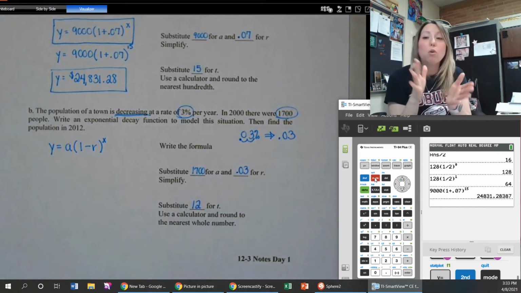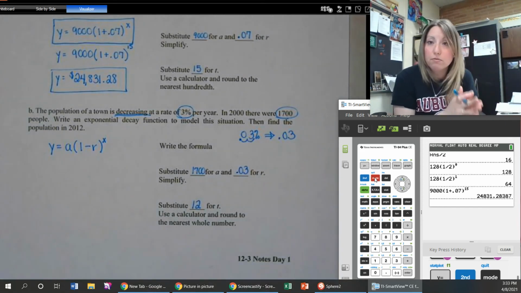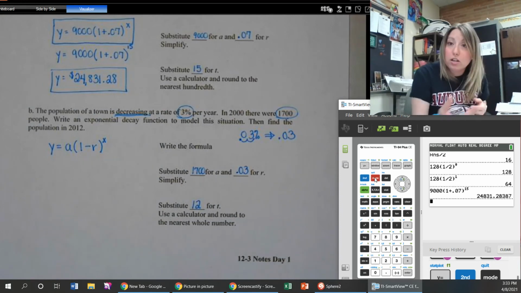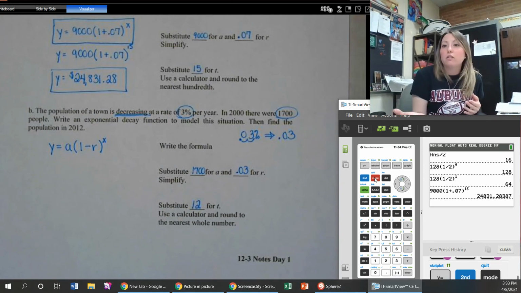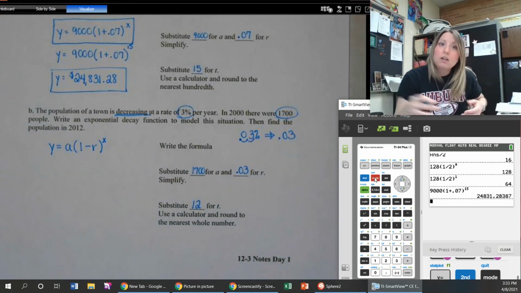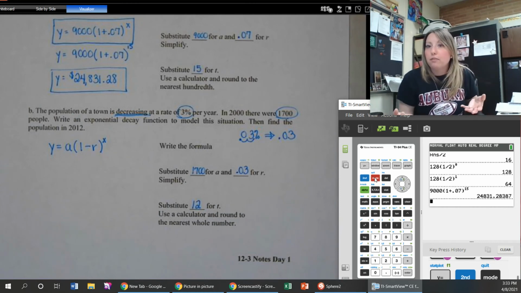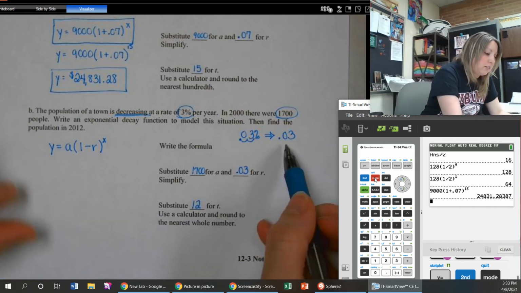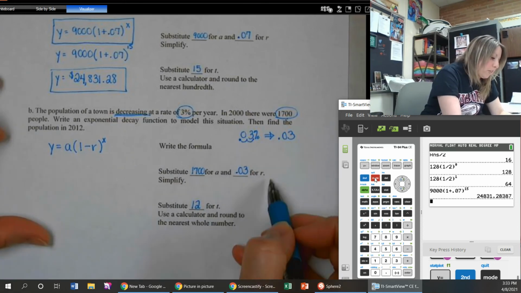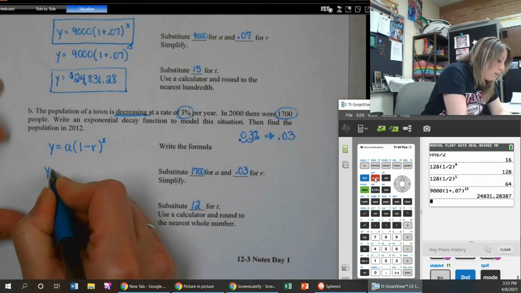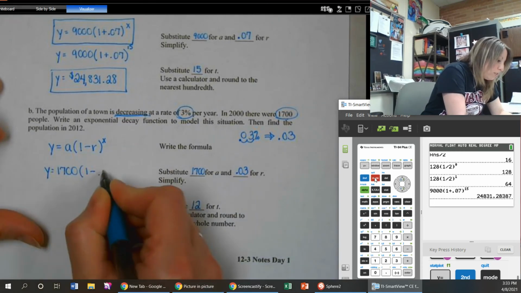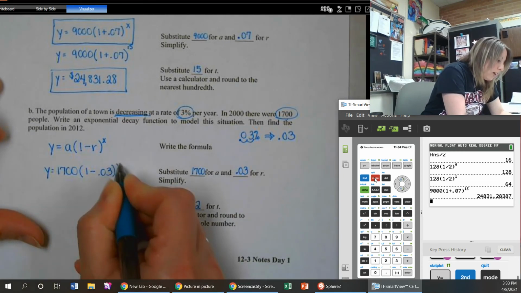You always put the real decimal in for the rate, not the percent. The percent is a representation to the nearest hundredths, right? 2 spaces behind to make it out of 100. That's what that percent really is. That's why it's percent, per 100. So let's sub those in. y equals 1,700 times (1 minus 0.03) raised to the x power.